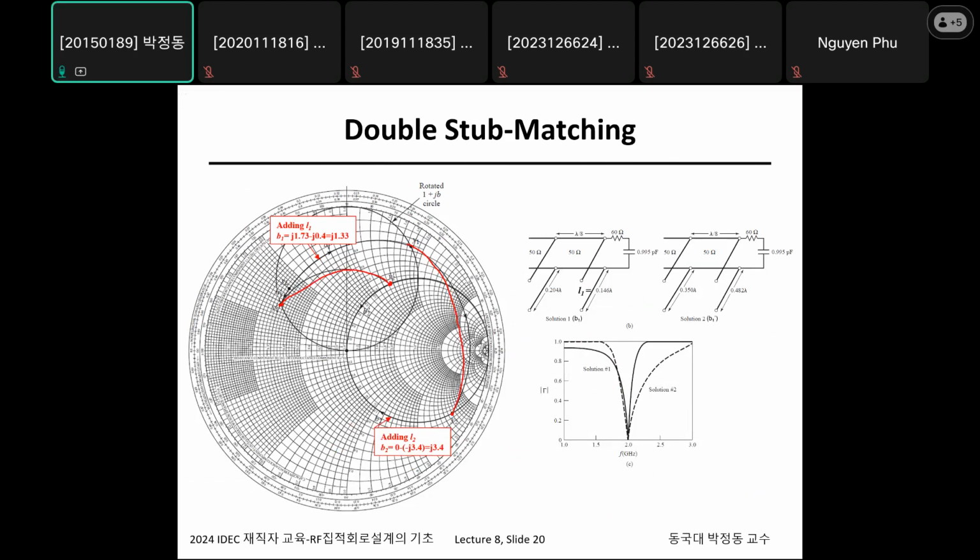Okay, and this is a load, and you just choose this, which is a Y1 prime. Okay, Y1 prime.